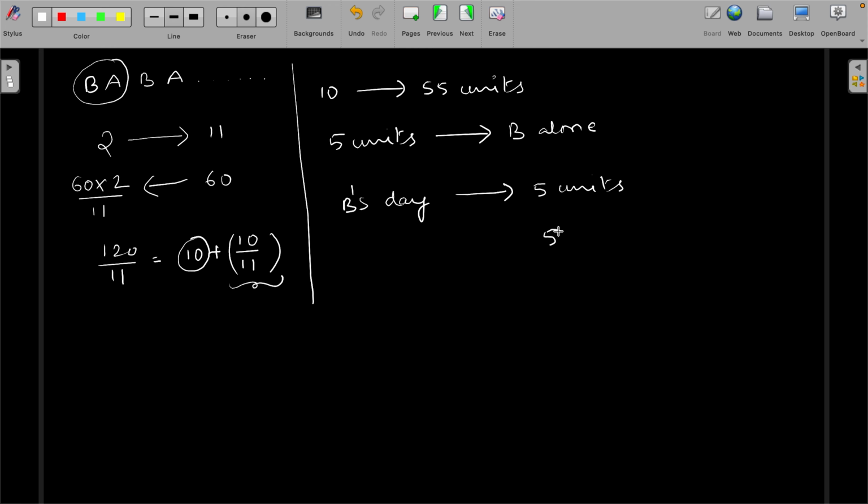To complete 5 units of work, B will take 1 day. So the answer will be 10 plus 1, which is equal to 11 days. So the time taken to complete the work, if they work together alternatively starting with B, is 11 days.